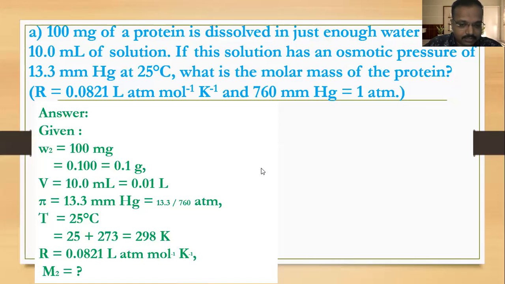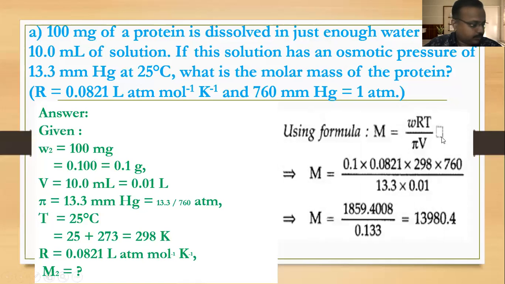So we will put all these things into the equation using the formula M is equal to W2 RT divided by pi V. You can write W2 here, and even if you write WRT, it is correct.